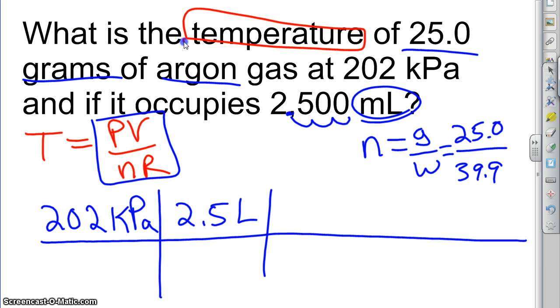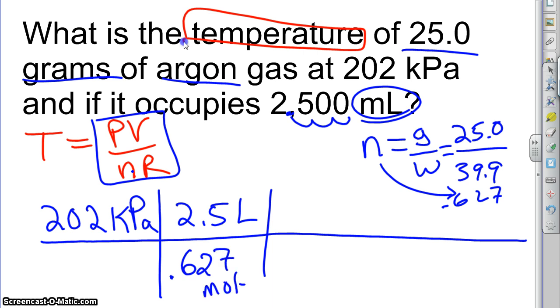This is why I should not start these without having my trusty calculator. 25 divided by 39.9 is 0.627. So that is our number of moles. We're going to put that in on the bottom. Anywhere on the bottom will do.